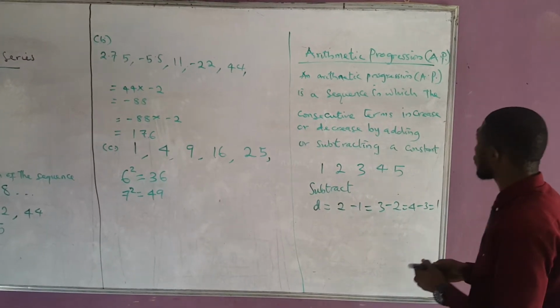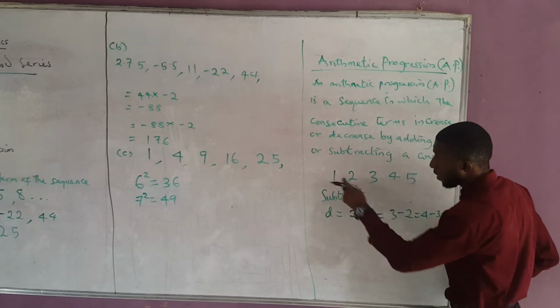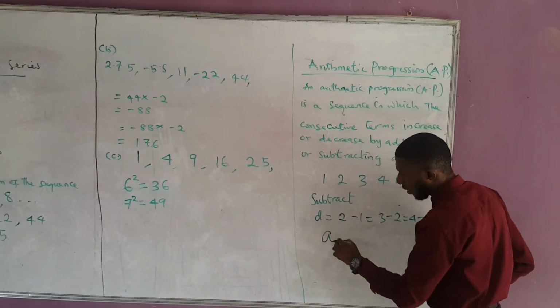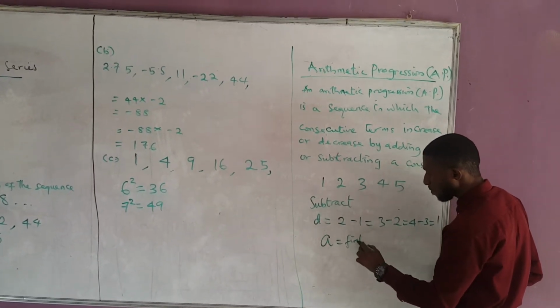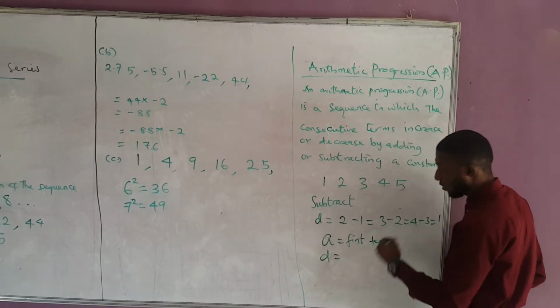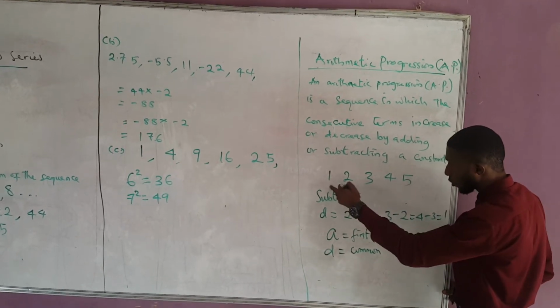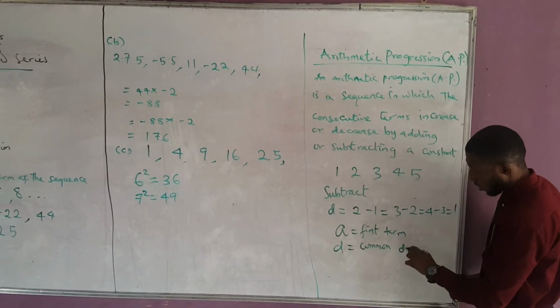So in short, to find the nth term of an AP, the first one there is known as A, which is the first term. D is known as the common difference, and that's the difference between the second and the first, or the third and the second.